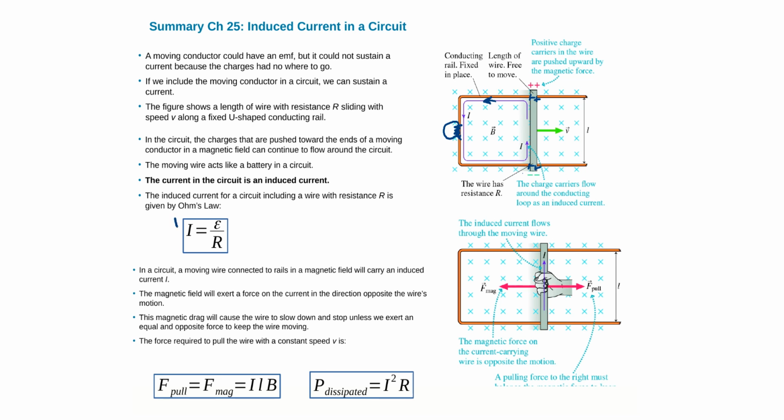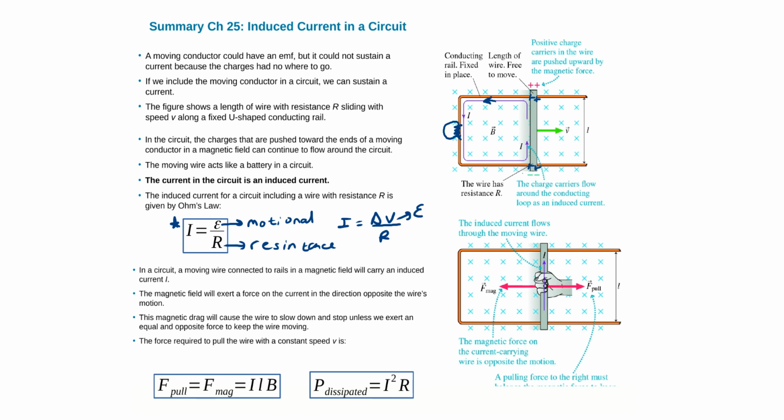And we can calculate that current if we know the induced EMF or motional EMF. If we know the resistance of the system, we can calculate the current using Ohm's law. Remember, Ohm's law is I equals delta V over R, and now delta V is epsilon, motional EMF. This is something we knew, and we can apply it here from Unit 2.